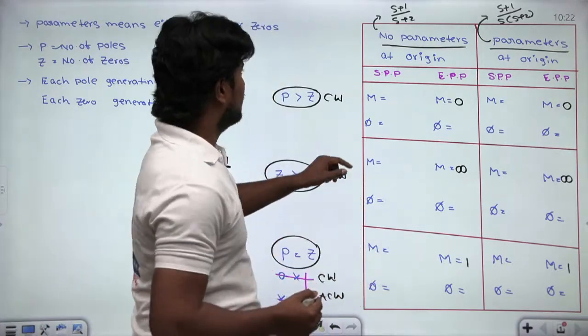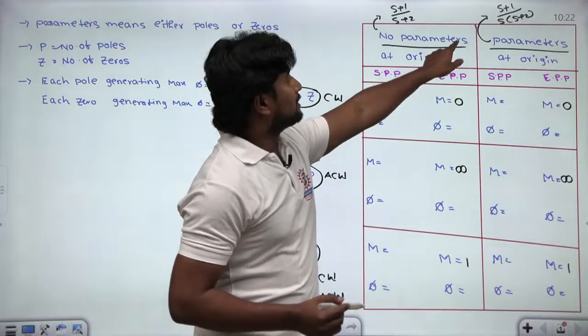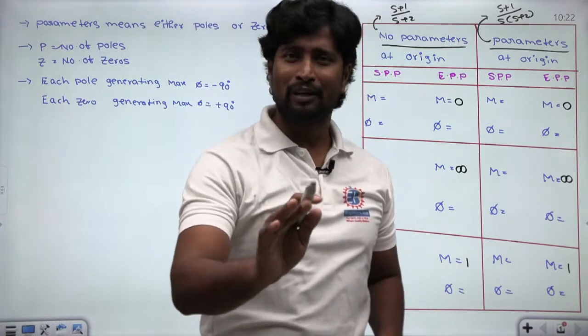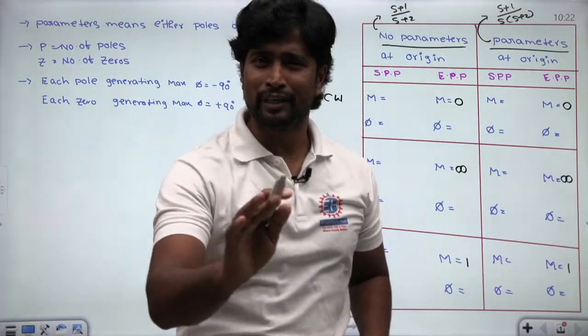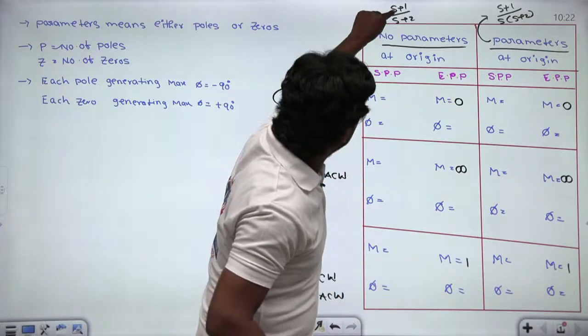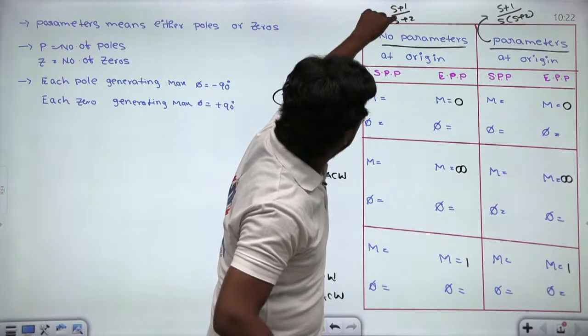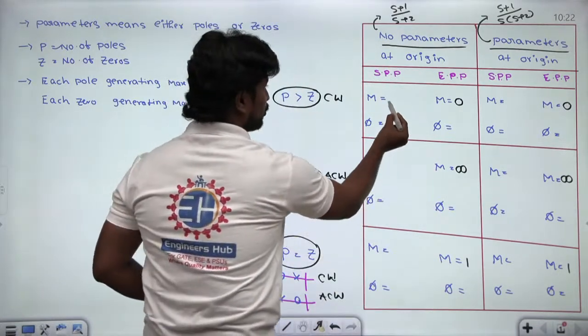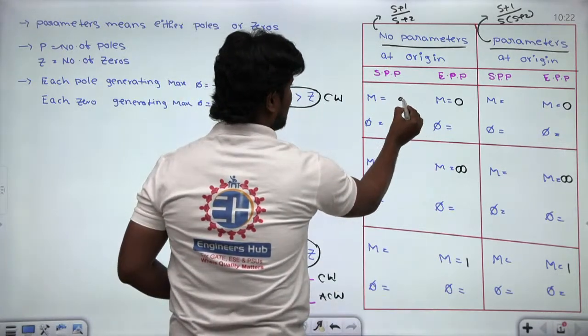See, if there are no poles at the origin, the starting point magnitude calculation is very easy. Sir, how to calculate? Simple. In place of s, replace 0. That's enough. Are you clear? Guys, there is no space, that's why I'm using a symbol like this one.